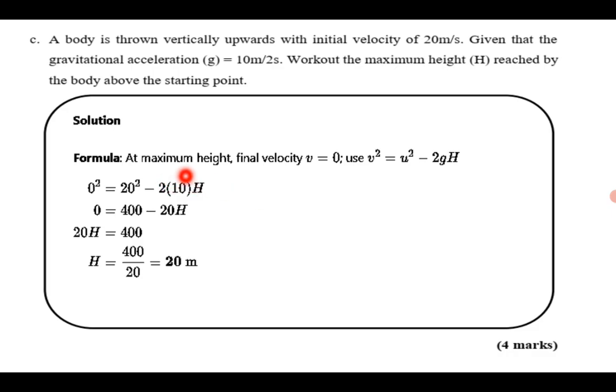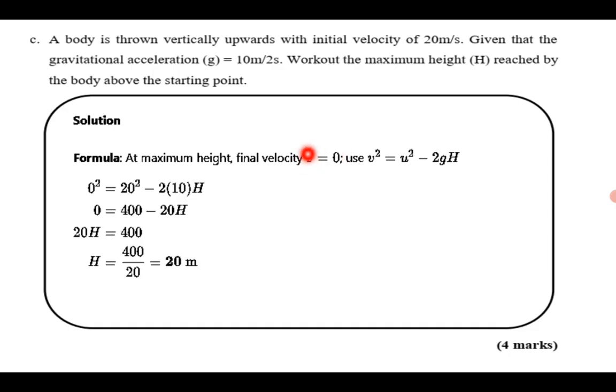One thing that you need to remember all the time is that when an object is thrown upwards vertically, when it reaches its maximum height, the final velocity there is going to be 0, because before it returns to the ground where it was thrown from, it's going to stop for just a short while, momentarily.